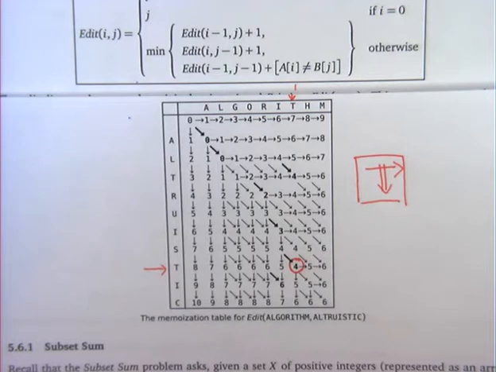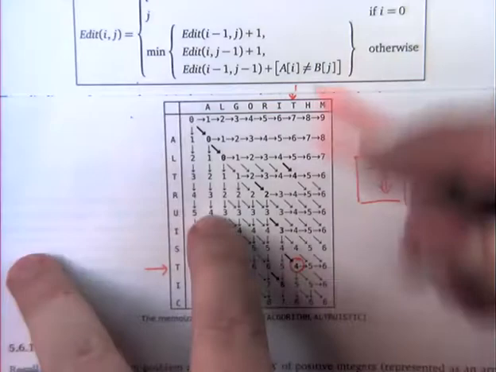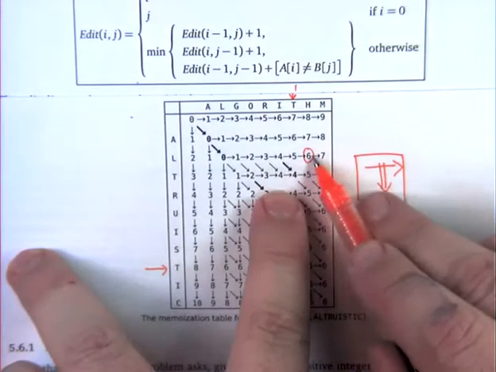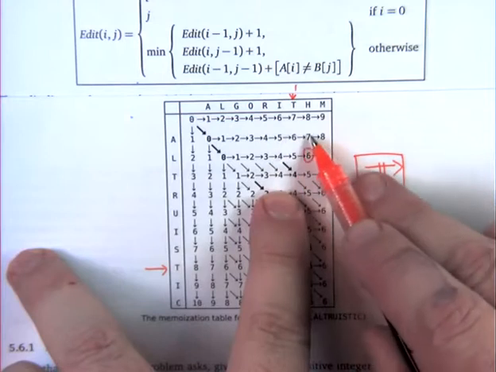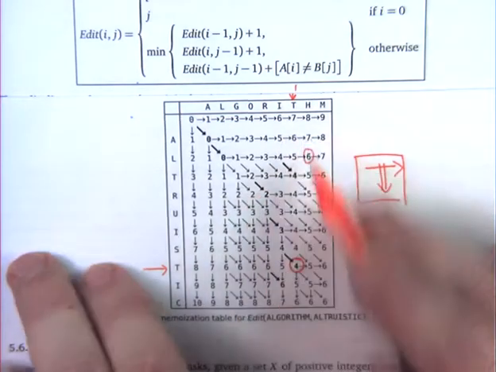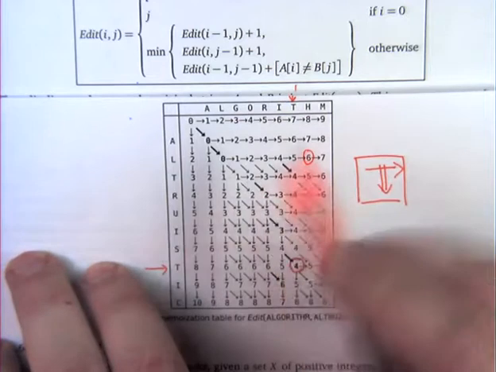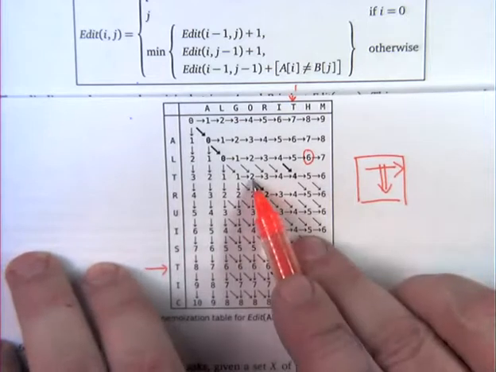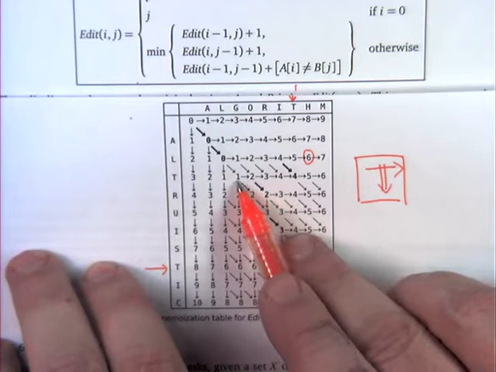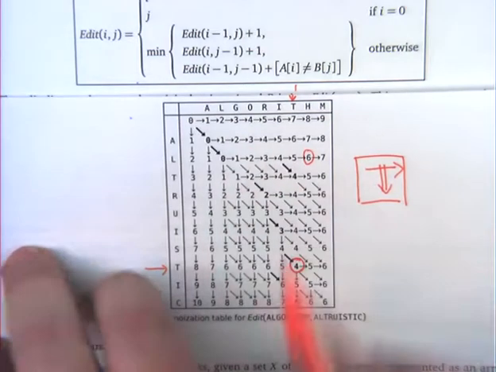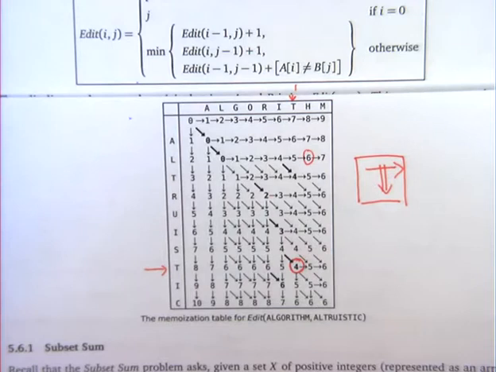Whenever I have a right arrow, it's because, why do I have a 6 here? Because that was the smallest of 5 plus 1, 6 plus 1, and 7 plus 1. And in some cases, there are ties. So if I look at this 2, for example, here in the middle, it could either be the one to the left plus 1 or the one above and to the left plus 1, and I don't care which one. Okay.